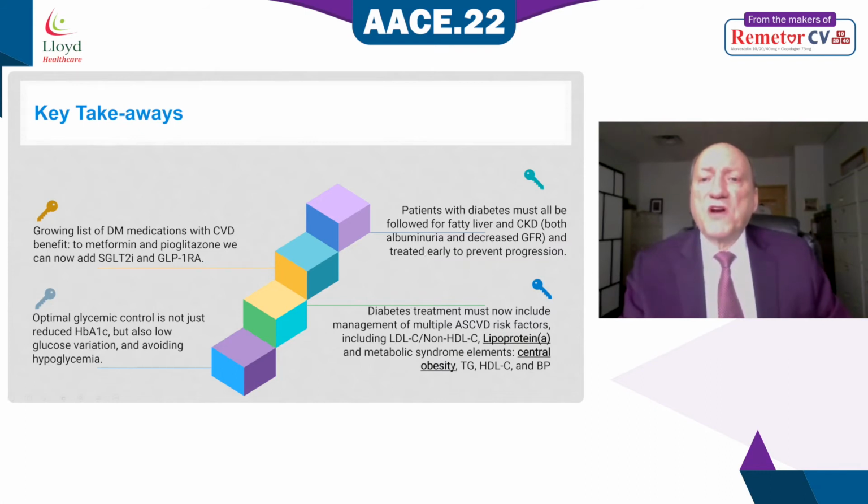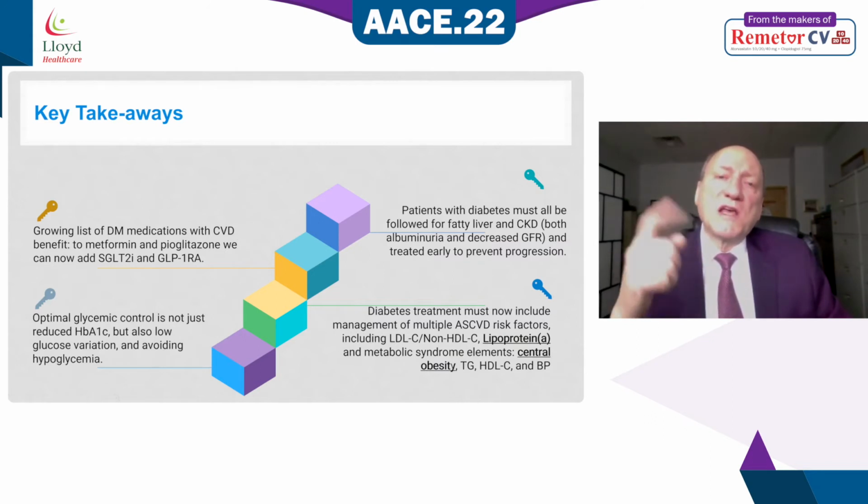As you see over here, albuminuria and decreased eGFR are both important parameters, and it should be treated early to prevent progression. We can use the renin-angiotensin system blockers like the ACEs and the ARBs, in addition to the SGLT2 inhibitors and possibly GLP-1 receptor agonists. And we need to look at all the risk factors of ASCVD, including all the ones that I've mentioned already, including central obesity and Lp(a).